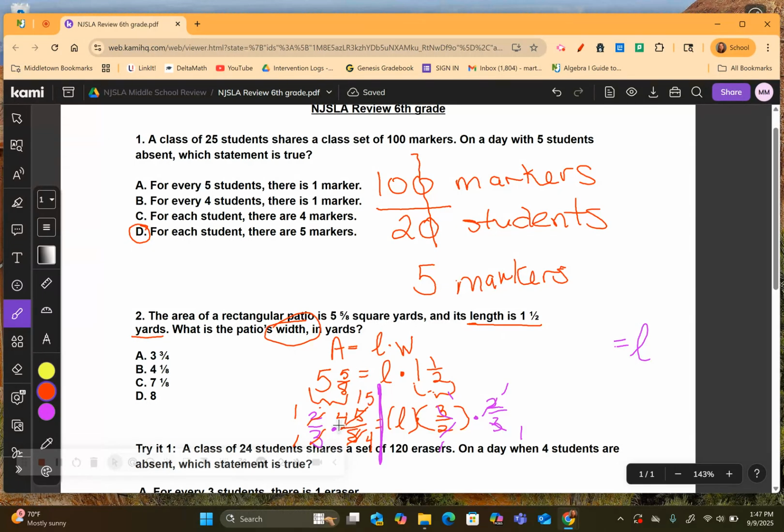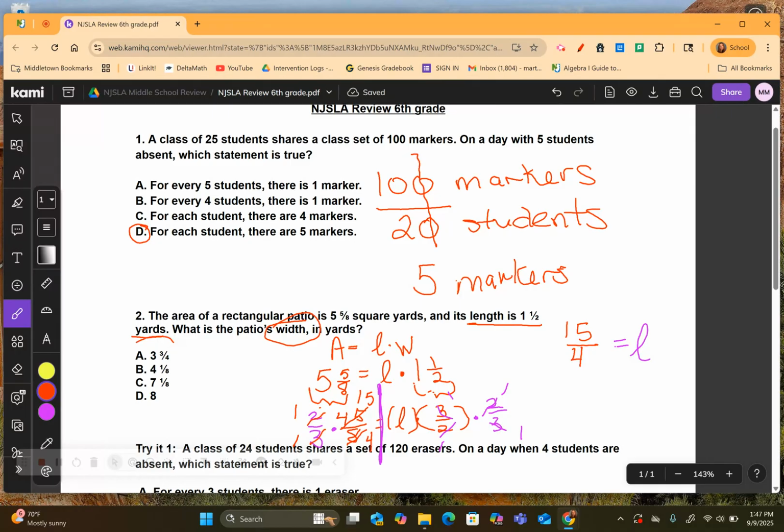Okay, so when I rewrite this, 1 times 15 is 15. 1 times 4 is 4. So my answer as an improper fraction is 15 over 4.